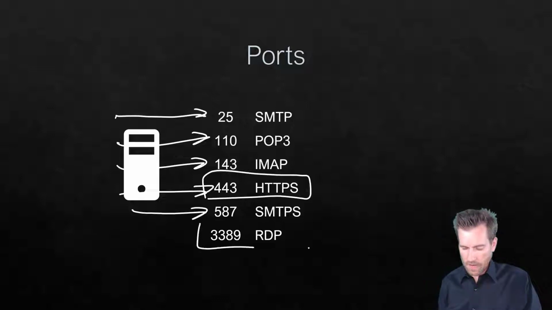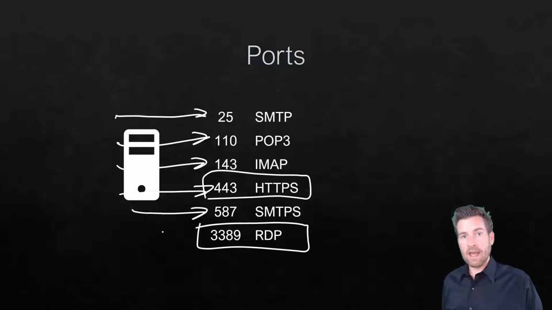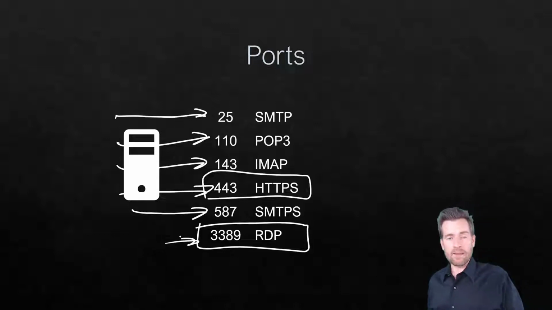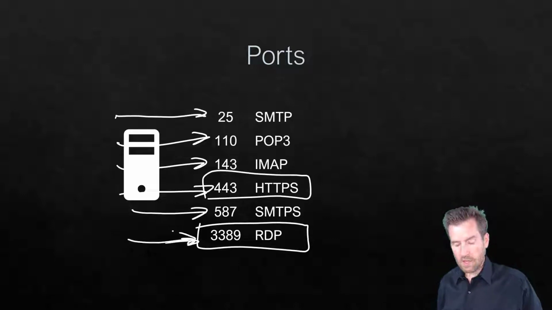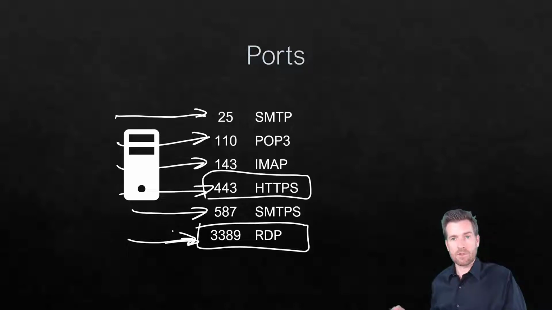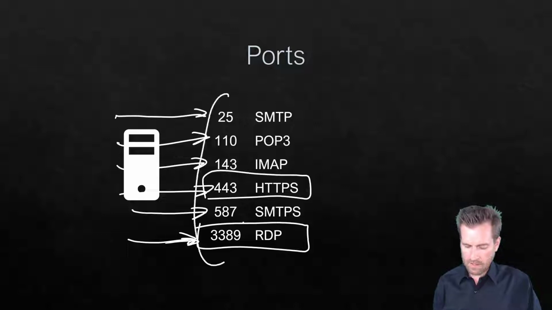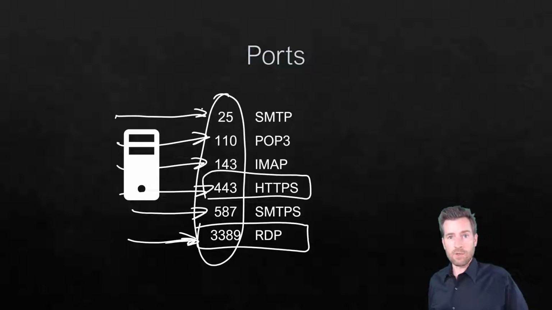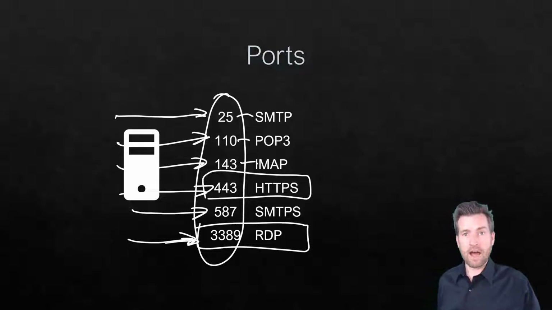Or, I can probably guess that this might be a Windows machine, because port 3389 is open, and that's commonly associated with RDP, which is what you use a lot of times to connect to a Windows machine. So by knowing which ports are open on this server, we can probably make some guesses on what type of machine or what type of services are running on it.